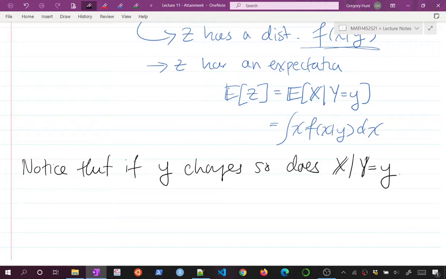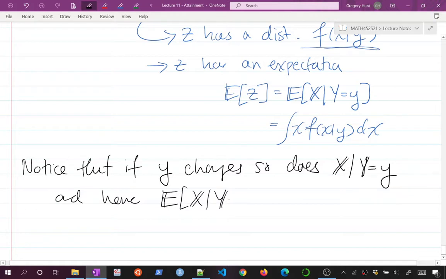And so there's that, and hence, if I just look at the expected value of some univariate random variable, maybe the univariate random variable is X given Y is equal to little y, this thing is just a number.